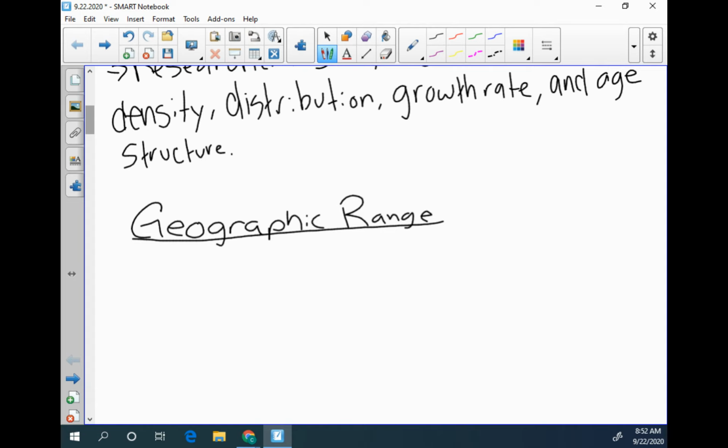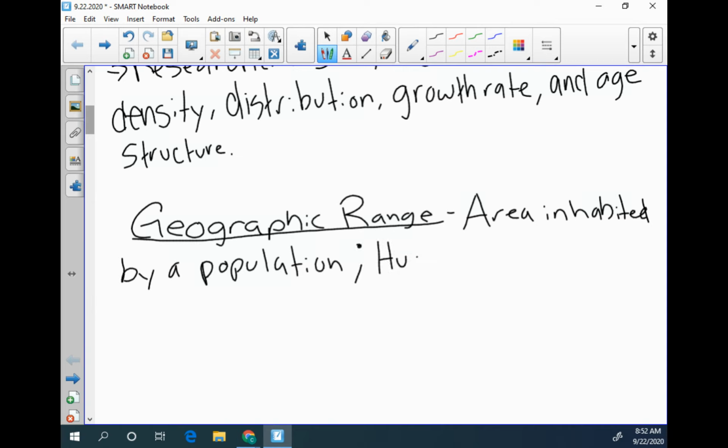This one's relatively simplistic. The geographic range of a population is just the area inhabited by a population.